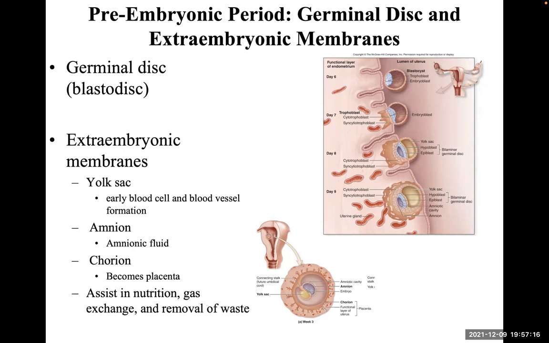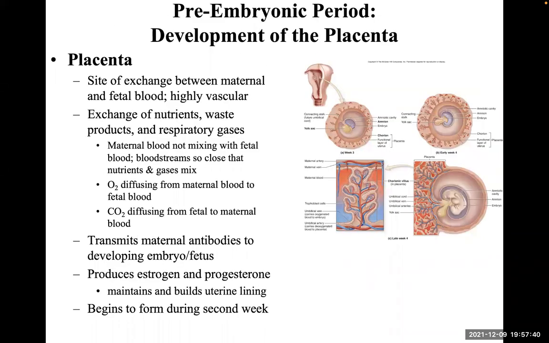And that entanglement of vessels includes vessels from both the maternal side and also fetal vessels, and the fetus itself, well, the embryo into fetus, is attached to the placenta through what we call the umbilical cord, which is a structure made up of the fetal vessels, right? And what the placenta does is it allows for communication between the maternal system and the fetal system. So the placenta is how the developing embryo and fetus gets access to oxygen.